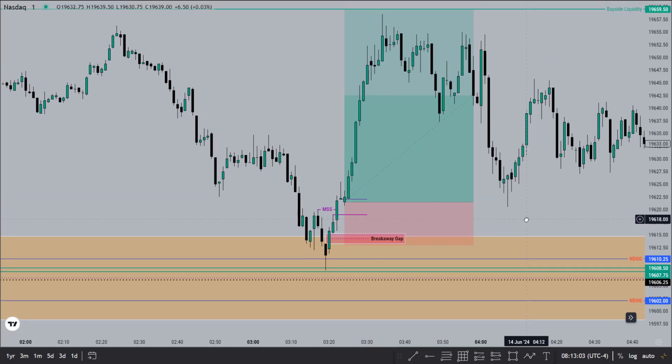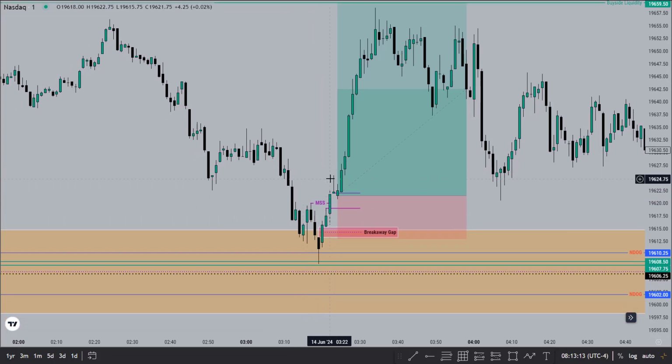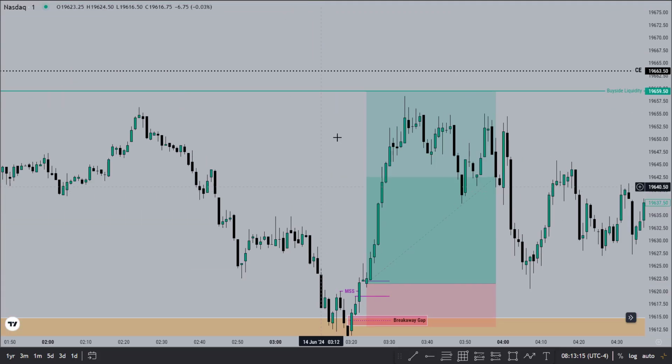You can't avoid the loss, it's inevitable. So you have to take the loss. Here everything is in my way except the market structure shift. So I'm going to force that trade until that buy side liquidity, right?